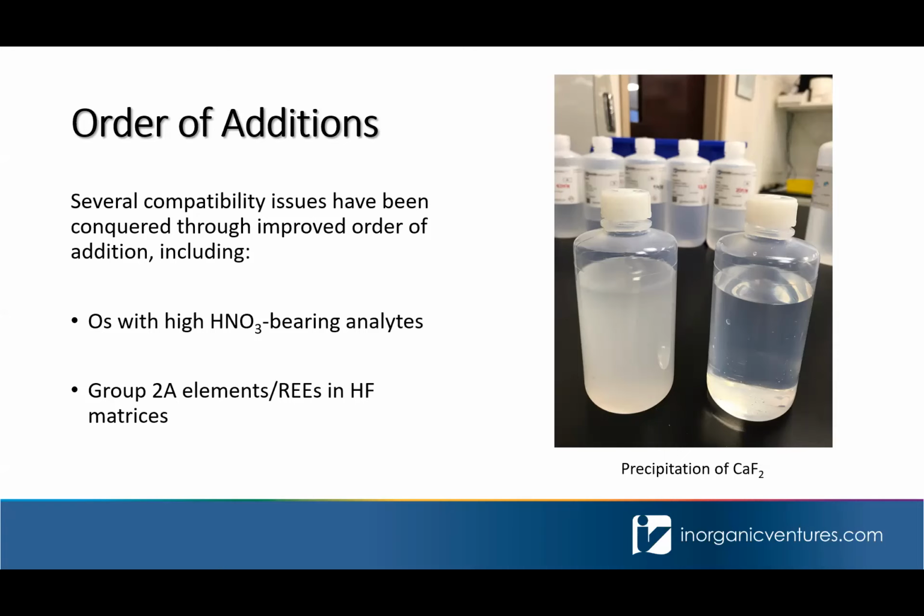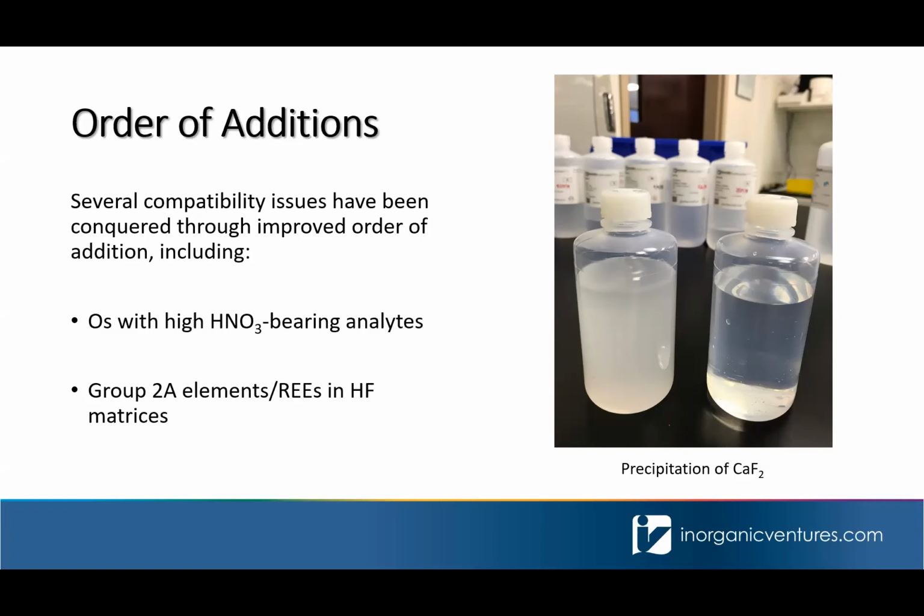And then in turn, what we do is we prevent the formation of the volatile and the toxic tetroxide. Okay, again, this is working in an HCl matrix, but using other stock solutions that would have a high nitric load.